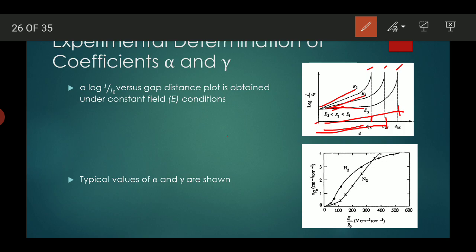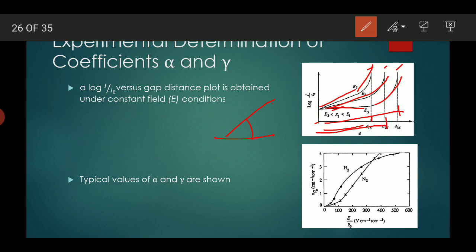You have one point here, the other point here. If you draw a line, you find the tan of this angle, and you will get the slope. Knowing alpha, gamma can be found, using the points on the later upturned portion of the curve. So from this part the gamma can be obtained.